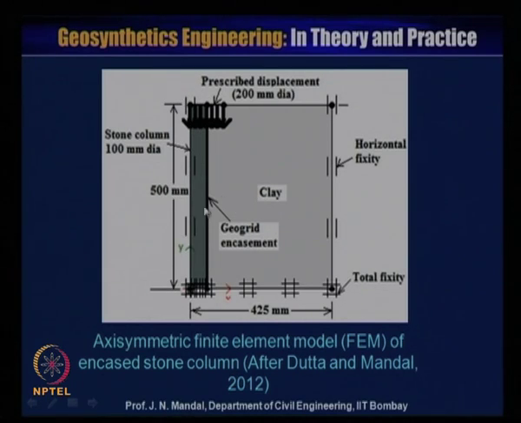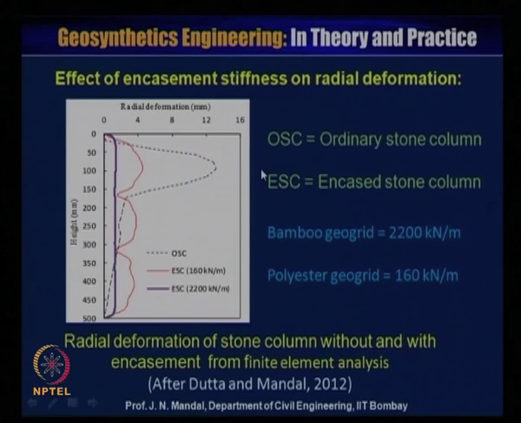This is the geogrid as an encasement, and this is the prescribed displacement over 200 millimeter of diameter. This is the horizontal fixity, and this is total fixity, and this is about 425 millimeter, on the clay soil sample. Now, let us see the effect of the encasement stiffness on radial deformation.